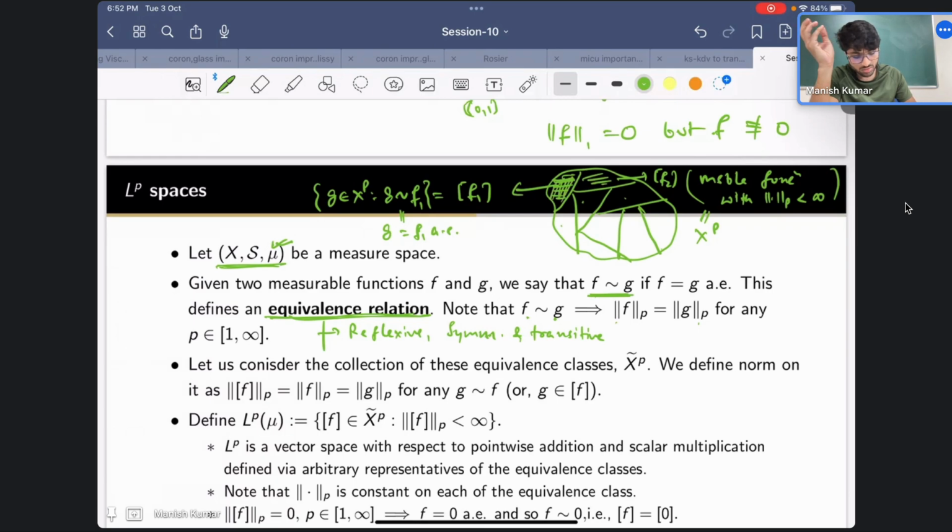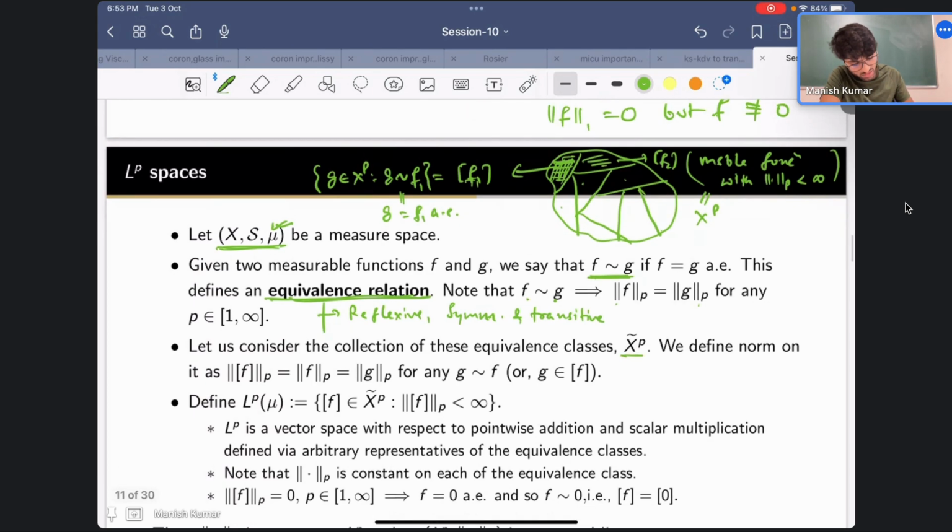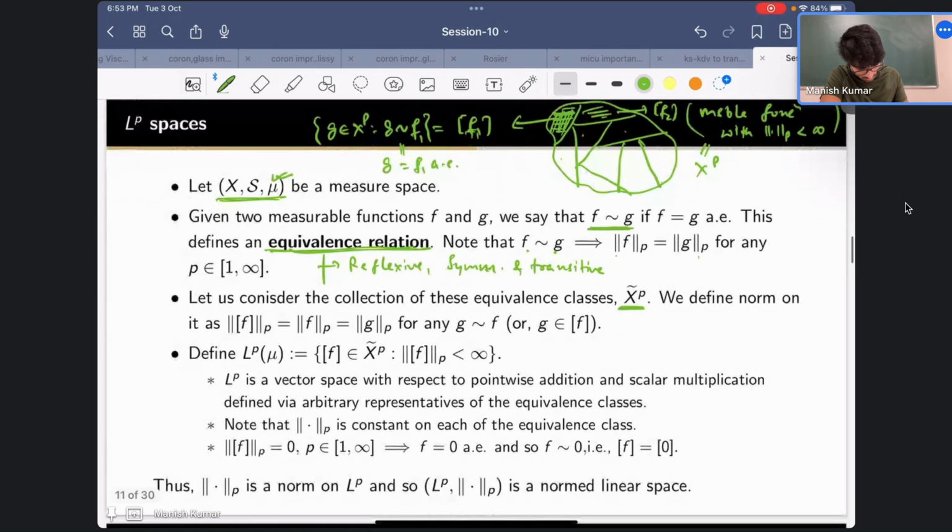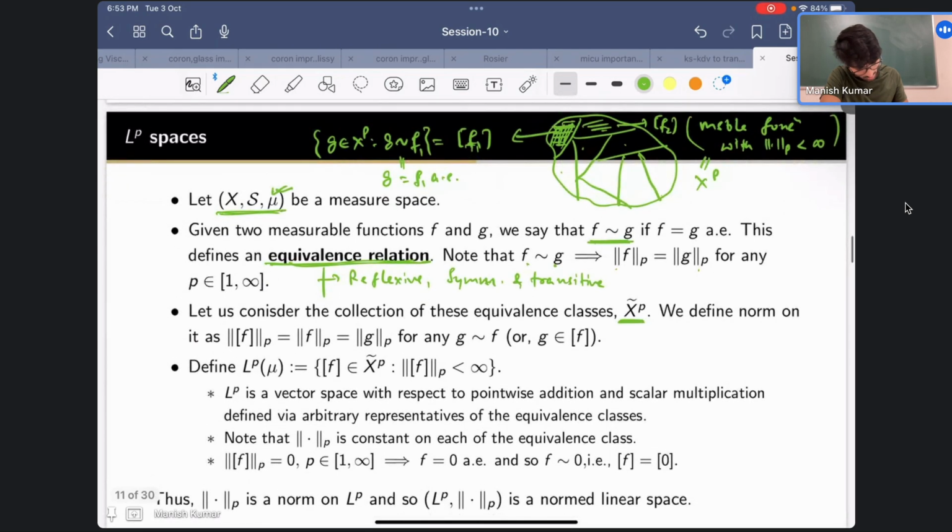Now this is called one element of, so I am defining this space Lp or X tilde p. Okay, I don't know why I have written this X tilde p. I am defining this Lp afterwards.